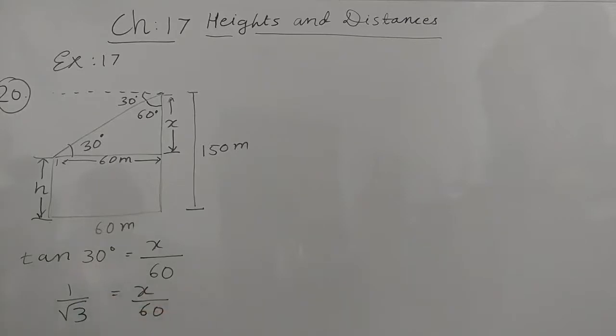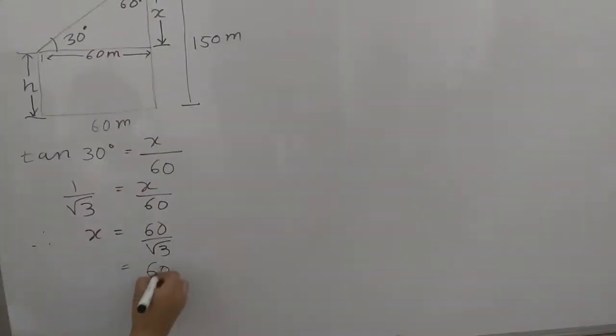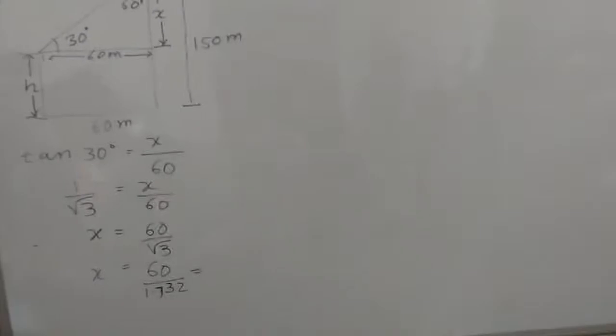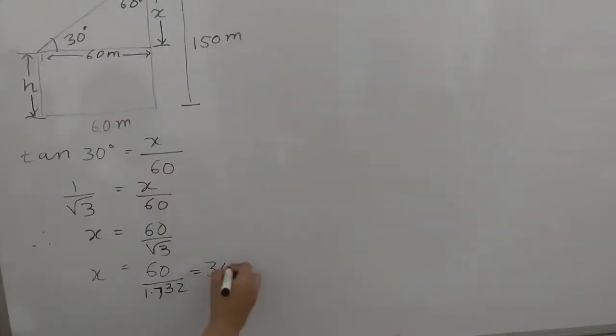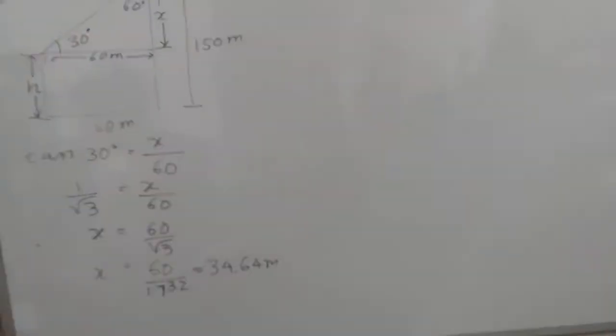So I get x is equal to 60 upon root 3. Now we have to take the value of root 3, which you have to remember, as 1.732, so x is 60 upon 1.732, and by calculation I get x value as 34.64 meter. So this distance is known.